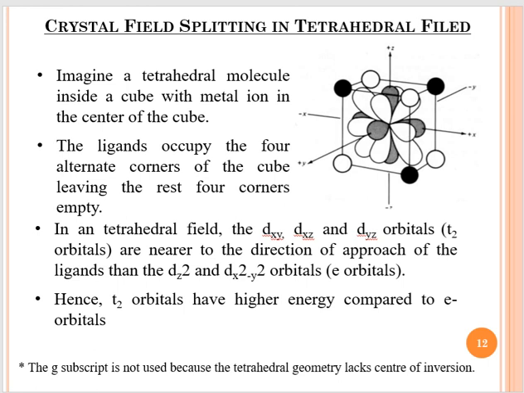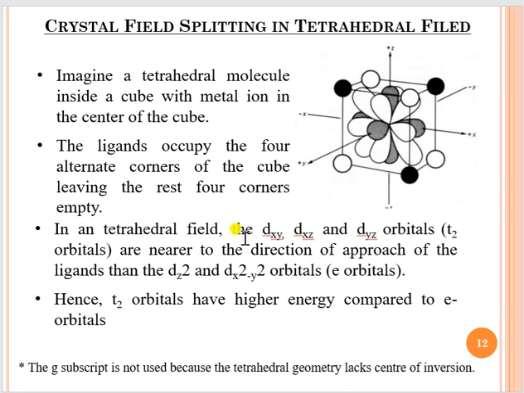Now let us study the crystal field splitting in a tetrahedral field. First of all, imagine a tetrahedral molecule inside a cube with the metal ion in the center of the cube. These are representing the d orbitals of the metal ion. The ligands occupy 4 alternate corners of the cube, leaving the rest of the corners empty.